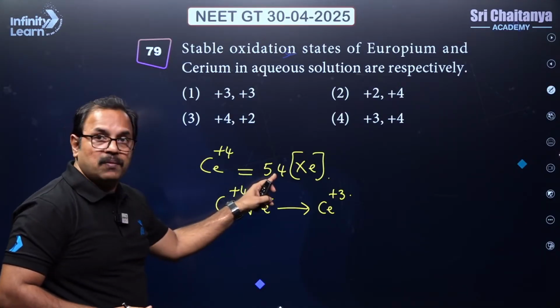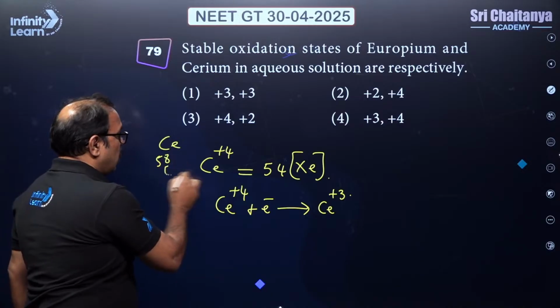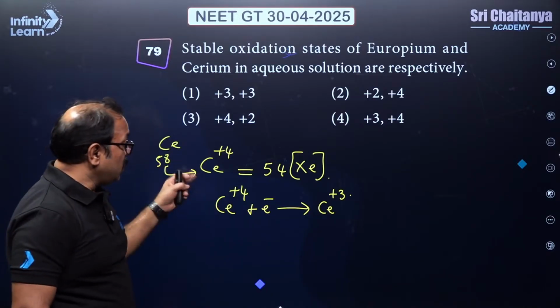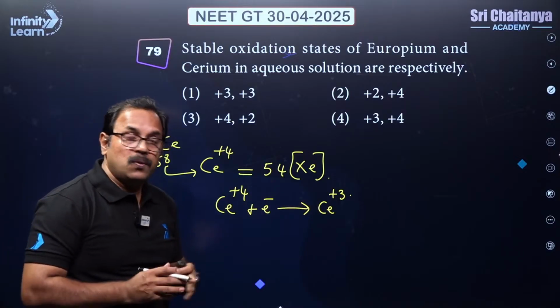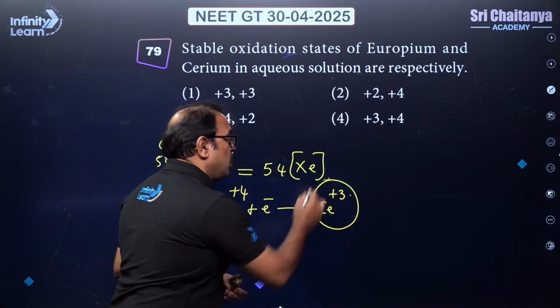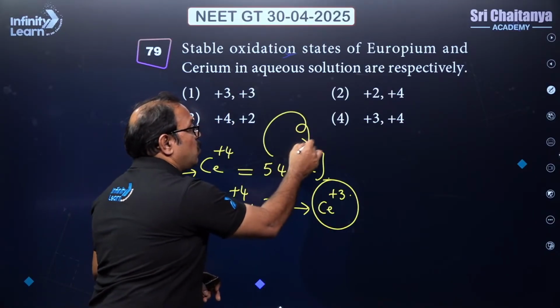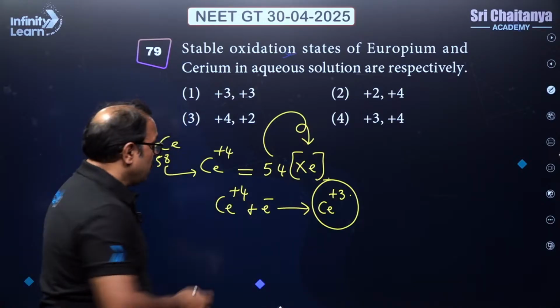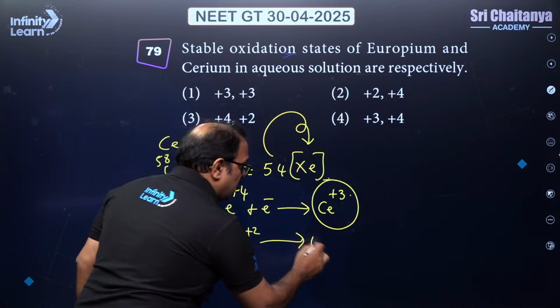Cerium +4 has a value 54, cerium is 58. After losing 4 electrons becomes cerium +4, but even then it has xenon configuration. It gains 1 electron and converts to cerium +3. That shows that +3 is so common that even the highly stable one which has xenon configuration is converting into +3. Europium, this is +2, it will lose an electron.